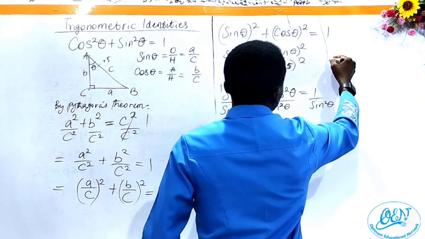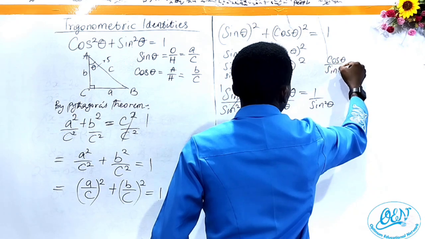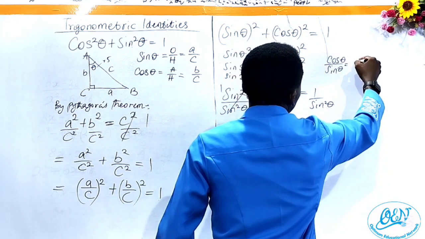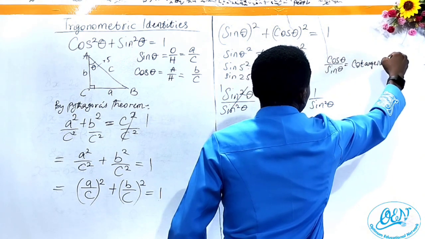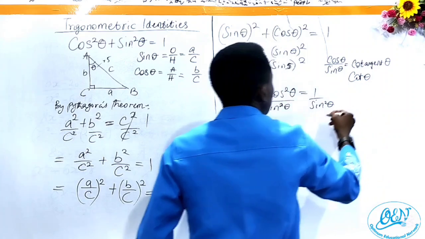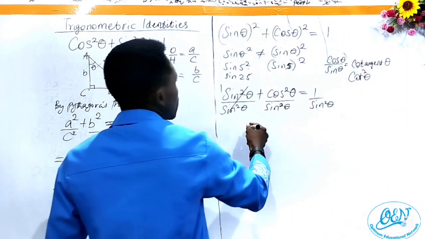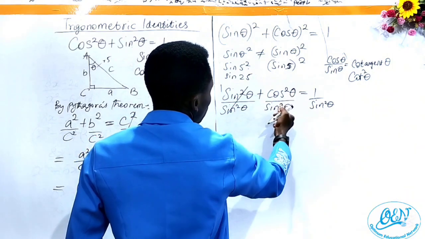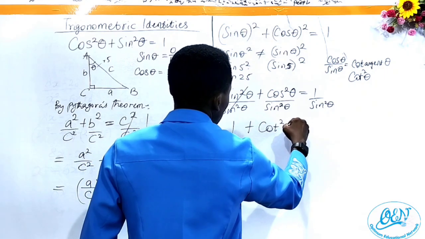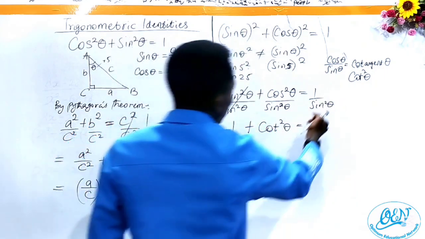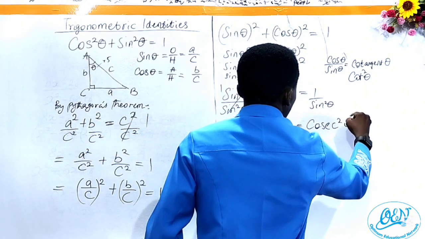Remember that cos theta over sine theta is the cotangent of theta. So if we square this now, we have cos squared theta over sine squared theta, which gives us cot squared theta. So we have 1 plus cot squared theta, and this is 1 over sine squared theta, which is cosec squared theta.